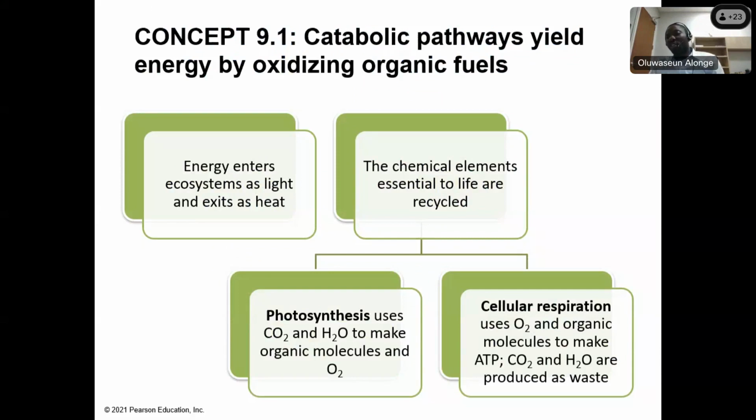The first law says that energy can be converted from one form to another, but cannot be destroyed nor created. The second law states that in the course of conversion of energy from one form to another, some is lost to the environment. And that's what you see here. Energy enters the ecosystem as sunlight, and it leaves as heat.